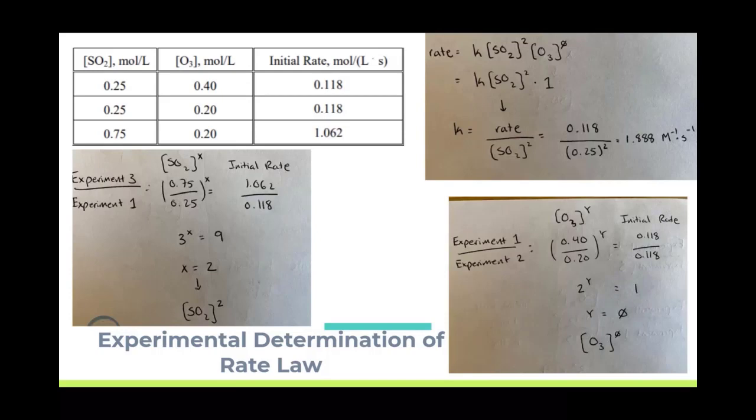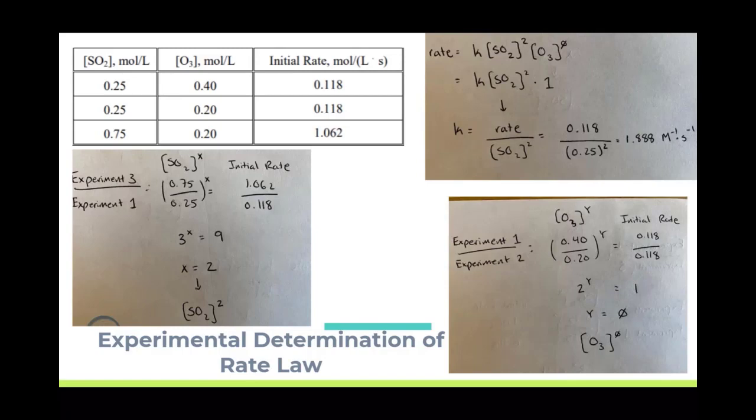Since we're comparing O3, seeing what effect the concentration of O3 has on the rate, we're going to try to keep SO2 constant. The only 2 experiments where the concentration of SO2 is constant are experiments 1 and 2.